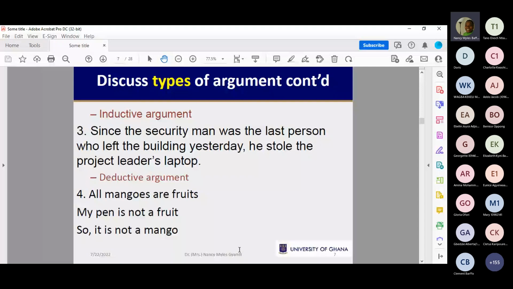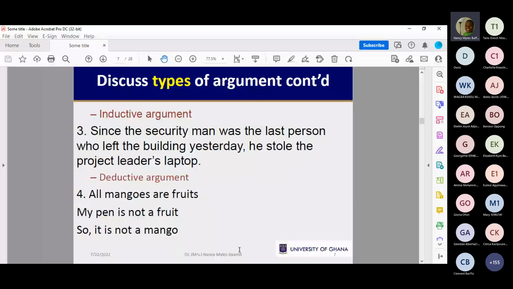Then the next premise says, my pen is not even a fruit at all. All mangoes, the set of mangoes, are inside the set of fruit. That's what the first statement said. Now the second premise, which is our evidence, the reason we are offering, says my pen is not a fruit at all. So if you put all the mangoes in a circle inside the big rectangle of fruits, then your next premise tells us that you are holding a pen.